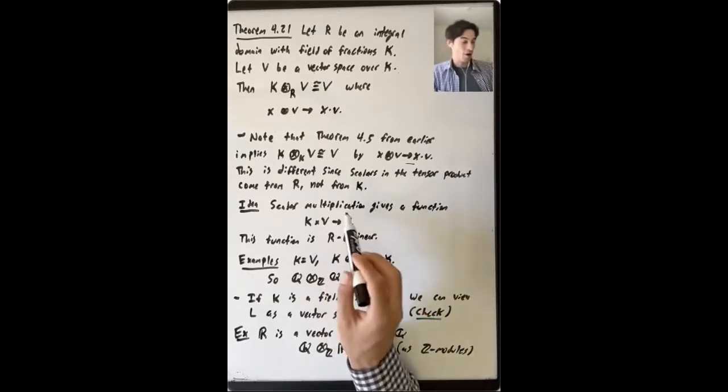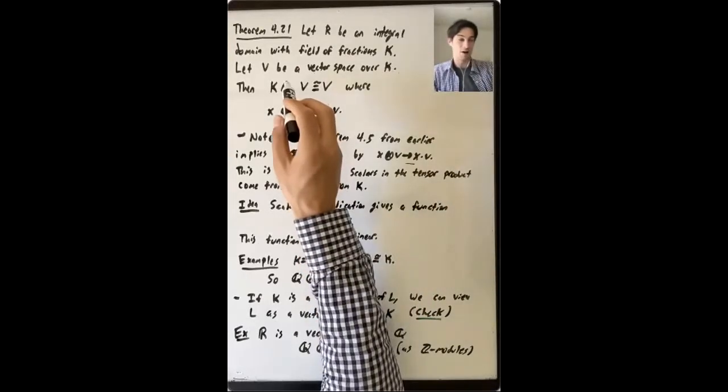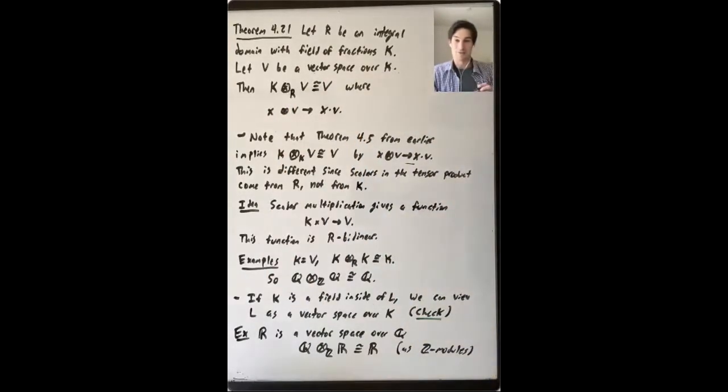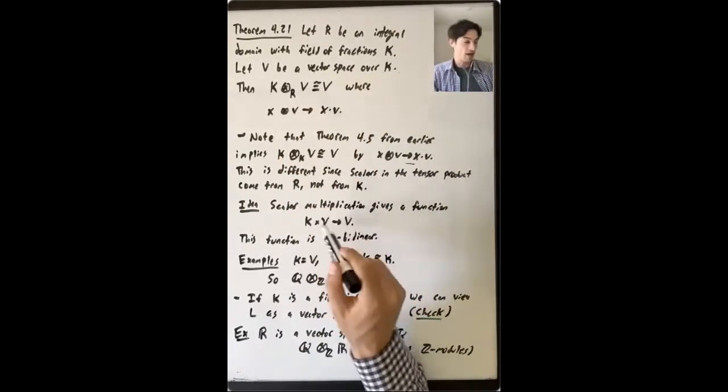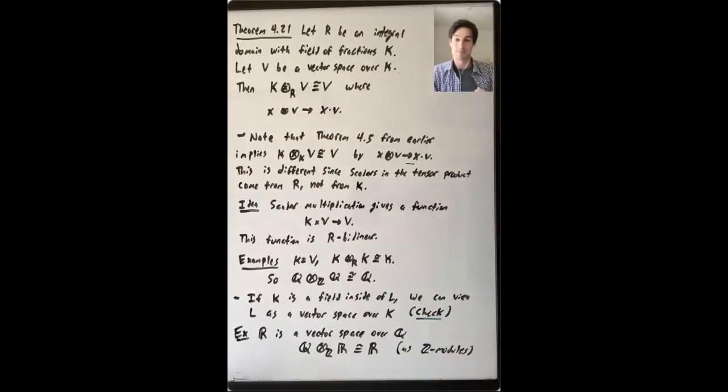So this is an R bilinear map, which gives us an R module homomorphism going this way using the universal mapping property of the tensor product. And you can check that, in fact, this is going to give us the isomorphism that we need here.